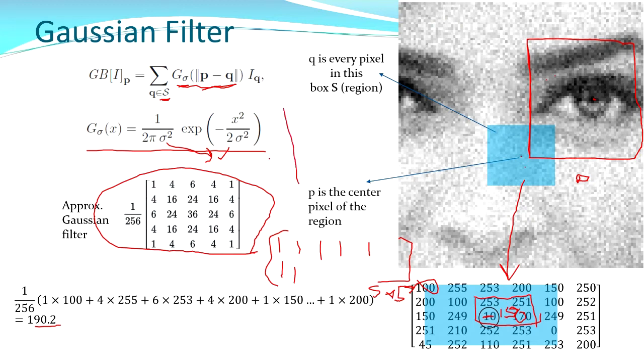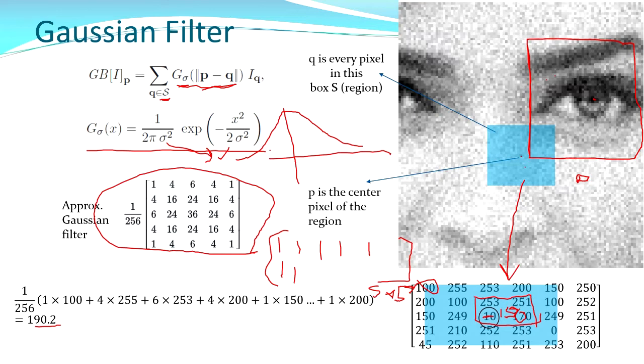If you see the Gaussian curve, it is something like this. The variance is controlled by sigma square. That is the other parameter that you can control.